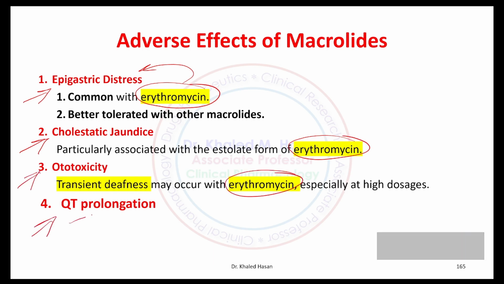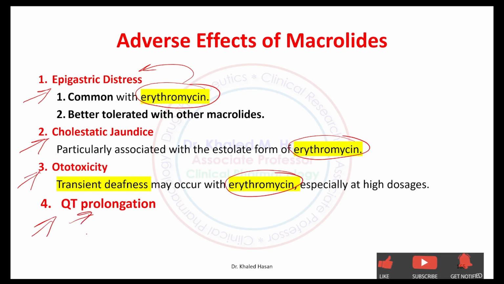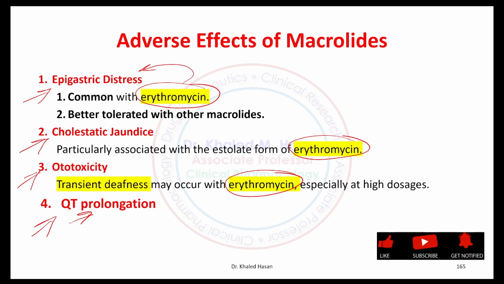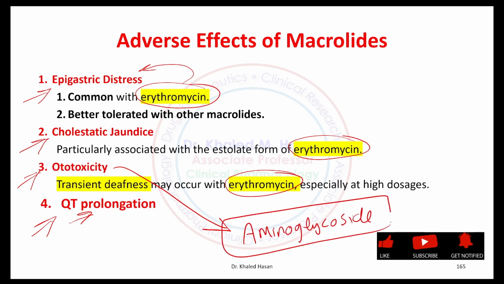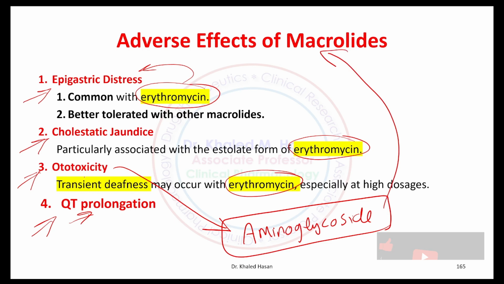QT interval prolongation is important for all macrolides. Here we remember, when we talk about ototoxicity, that aminoglycosides may cause toxicity. It is very important not to use this medication when the patient takes an aminoglycoside. Don't combine aminoglycoside with macrolide due to the risk of ototoxicity.